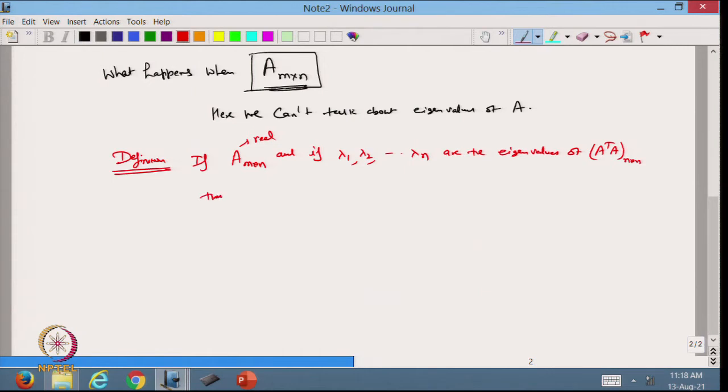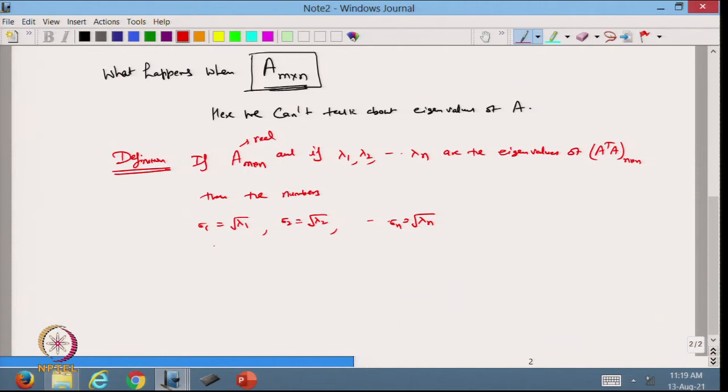Then I take lambda 1 under the root and call it small sigma 1, lambda 2 under the root sigma 2, and lambda n under the root sigma n.